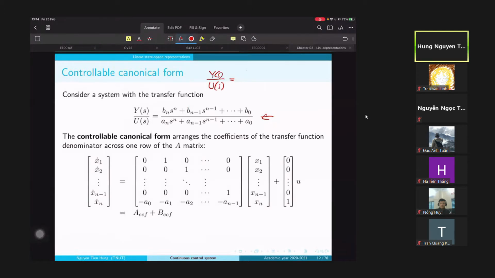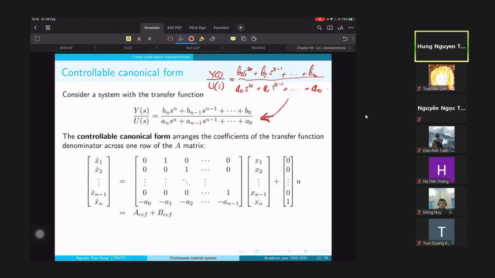I had s^m, b naught, plus b1 s^(m-1), plus up to bm, and here a naught s^n plus a1 s^(n-1) plus up to a naught. It doesn't matter, we just changed the notation.